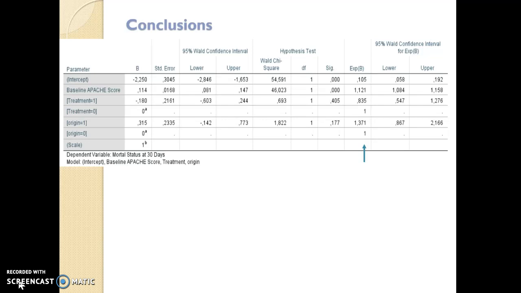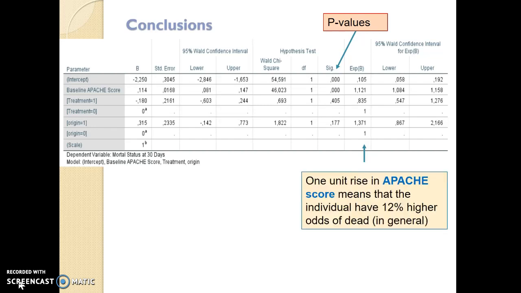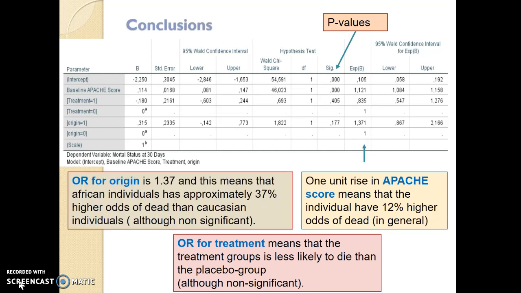Looking at the odds ratios, we can see that 1 unit rise in Apache 2 score gives a 12% higher odds of death for that individual. Odds ratio for origin is 1.37, although non-significant.